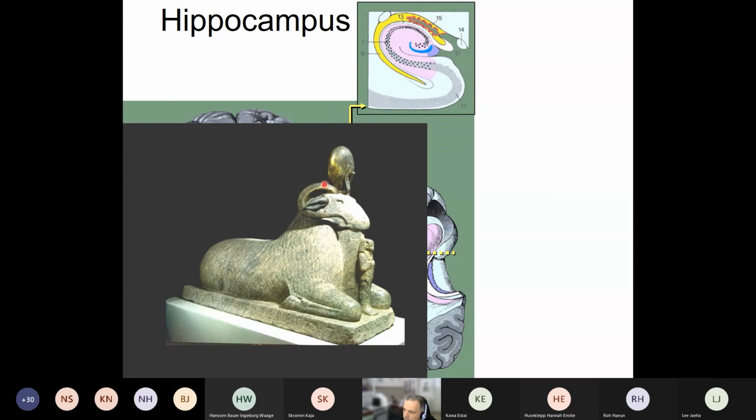And in the Egyptian mythology, the ram is in the sculpture of god Ammon, who is an important god in the Egyptian mythology, and therefore the horn of Ammon, or cornu ammonis, is the Ammon's horn. It is also an anatomical term that we can many times find in the literature.